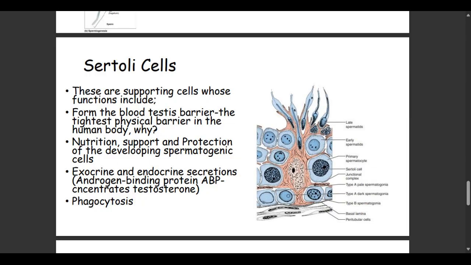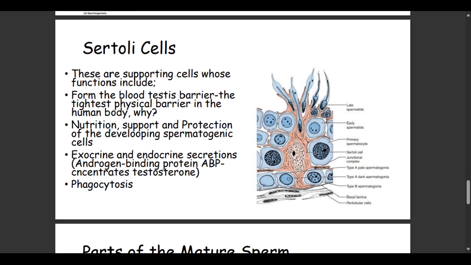So the genetic makeup is quite different, and the immune system might recognize those as foreign cells. So the reason for the blood testis barrier, the strongest physical barrier in the body, is to protect those cells from autoimmune degradation.